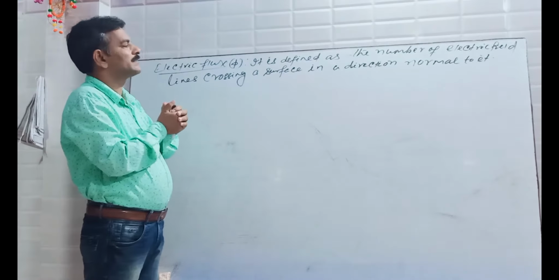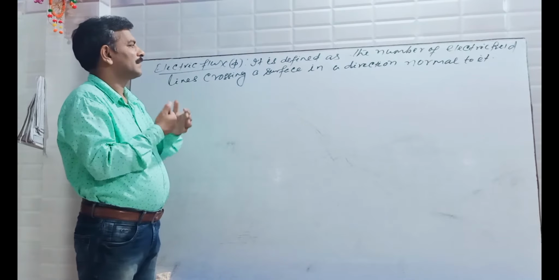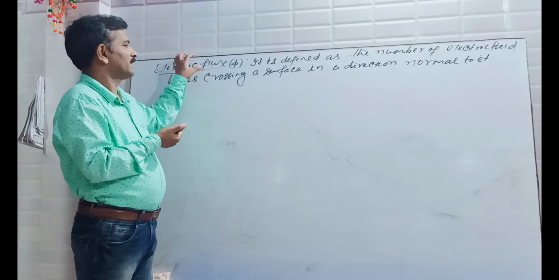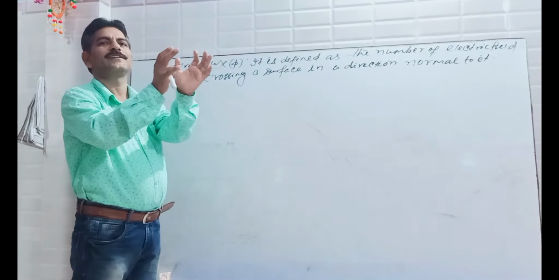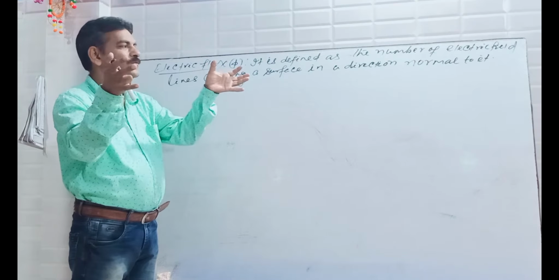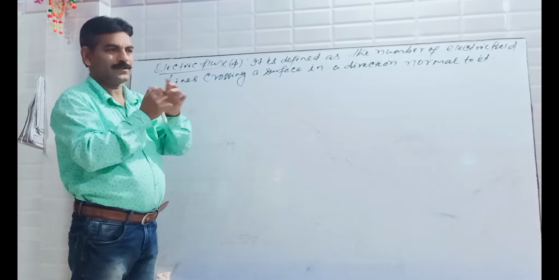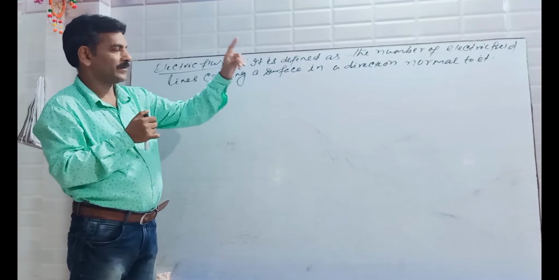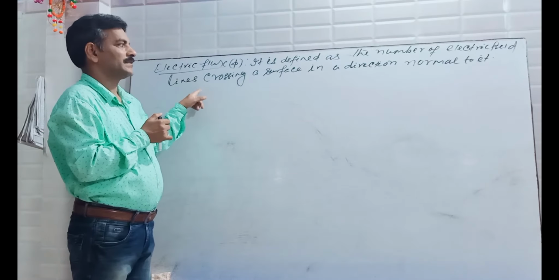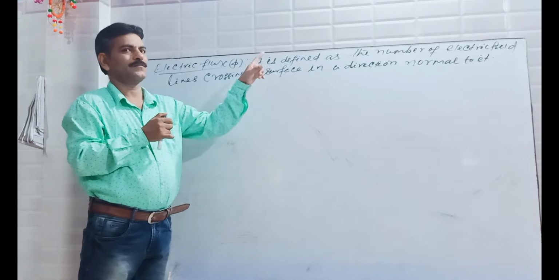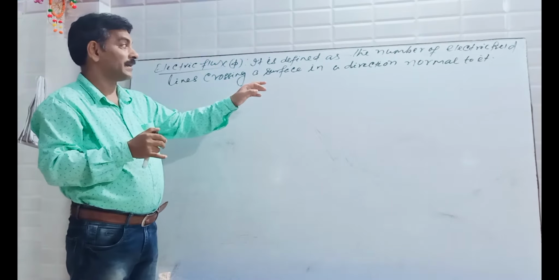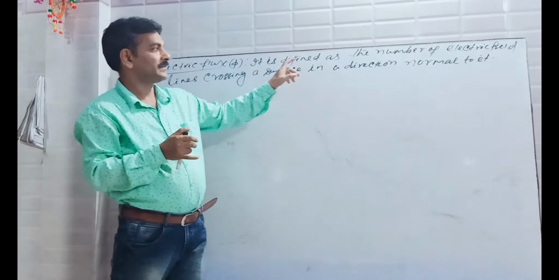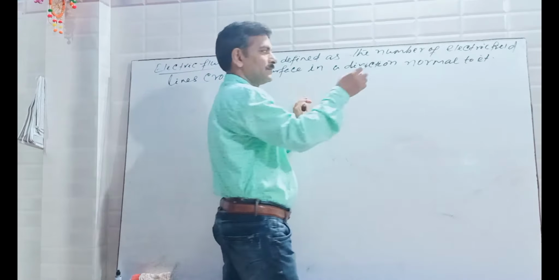Very simple. In a simple sense, we can say that electric flux comprises some number of electric field lines, a group of electric field lines. But the condition is that they cross the surface in a direction normal to it.